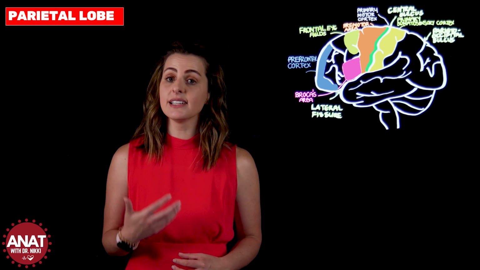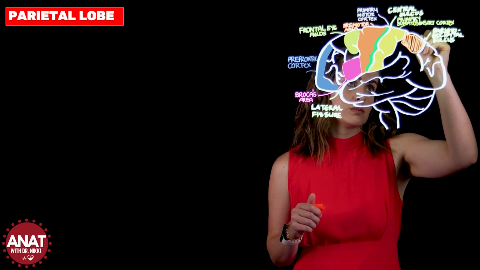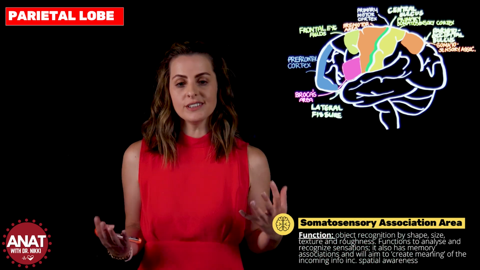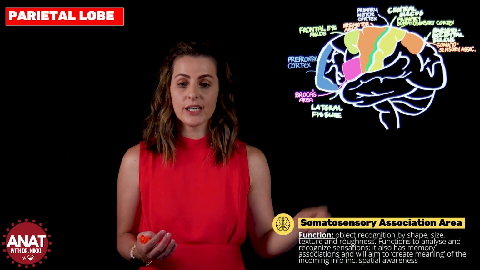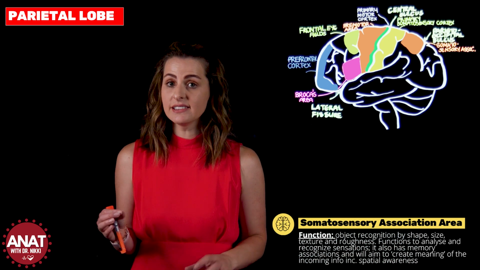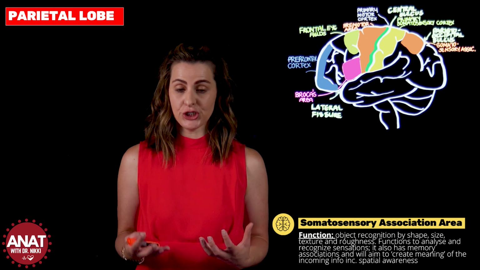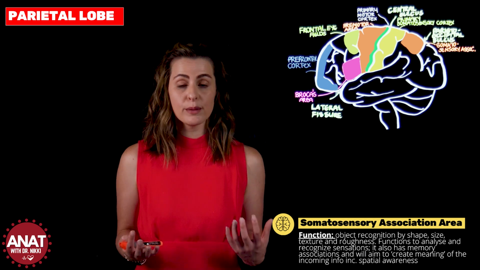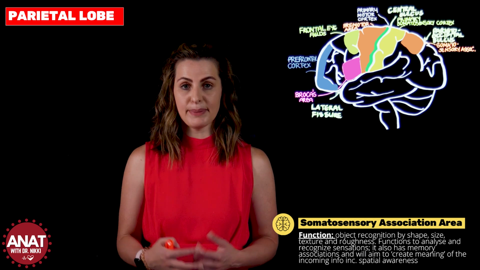It is responsible for recognizing the object by shape, size, texture, and roughness. Ultimately, this association area will function to analyze and recognize sensation. This will also include tactile information of where the body is located in space.